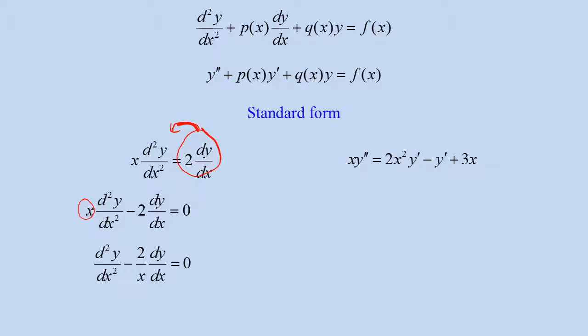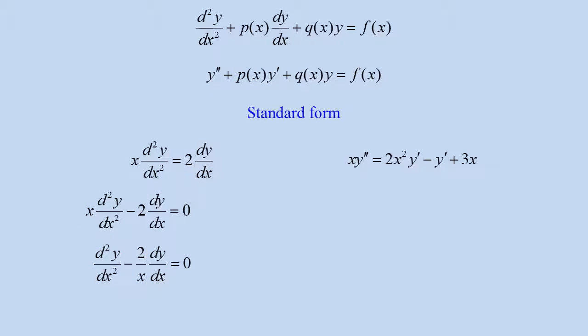Here's our second derivative with a coefficient of 1. Here's the first derivative, whose coefficient is negative 2x. Let me point out that's the px in the standard form equation. And of course the qx would be a 0 in this case.